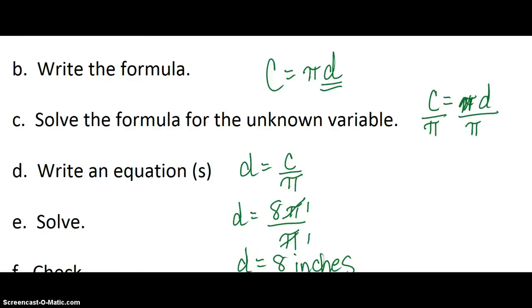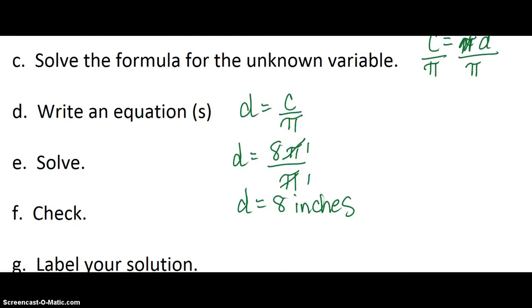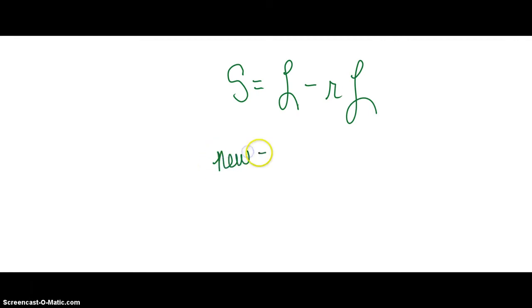Before we go, I just want to go back over one of the equations that we were talking about in class. I want to re-talk to you about this one. The sale price equals the list price minus the rate of the list price. I want you to think of this as the new equals the original.